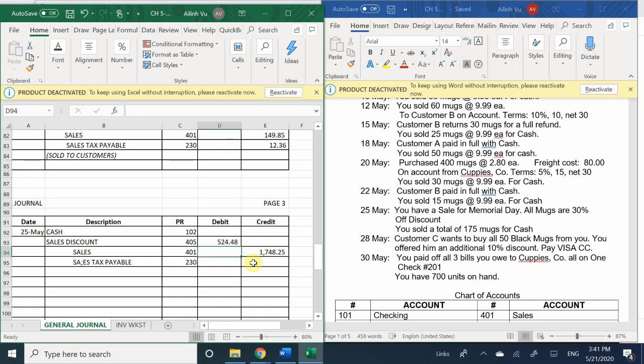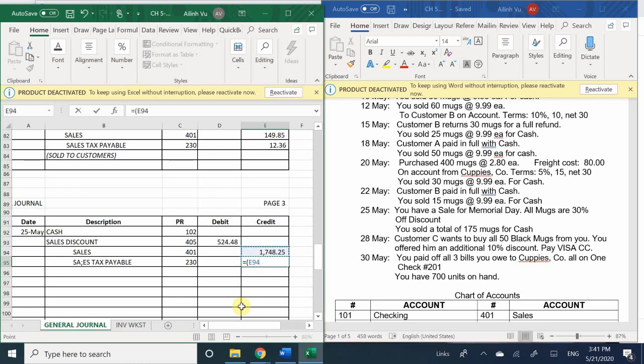Okay. So how do we determine the sales tax? Wouldn't we do the sales tax off of the 524.48? No, that's not it. You take the sales and subtract the sales discount and then multiply it by the 8.25. Yes, that is correct.